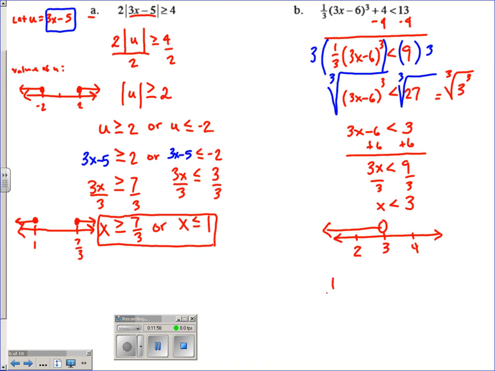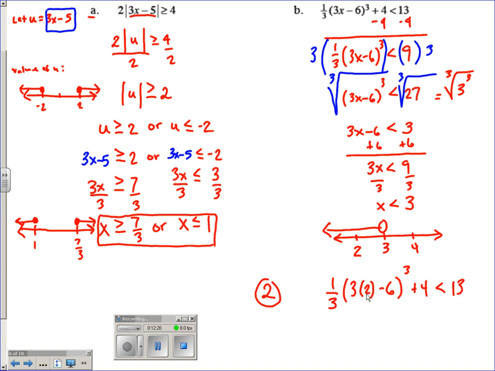So 1/3. Let's plug in 2. We're going to put 2 into it: 1/3 times the quantity of 3 times 2 minus 6 cubed plus 4 is less than 13.